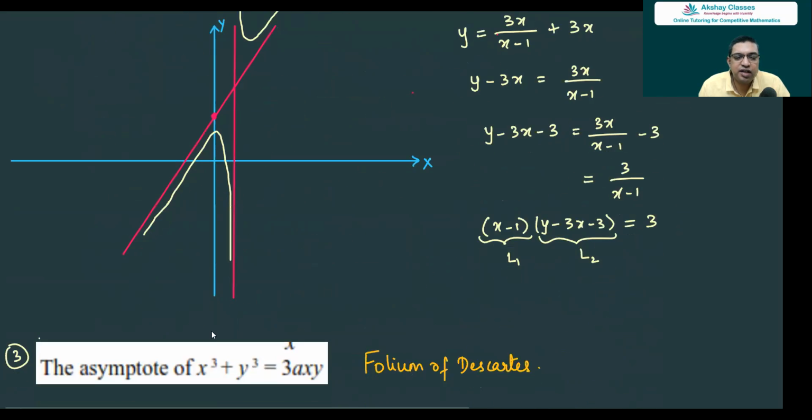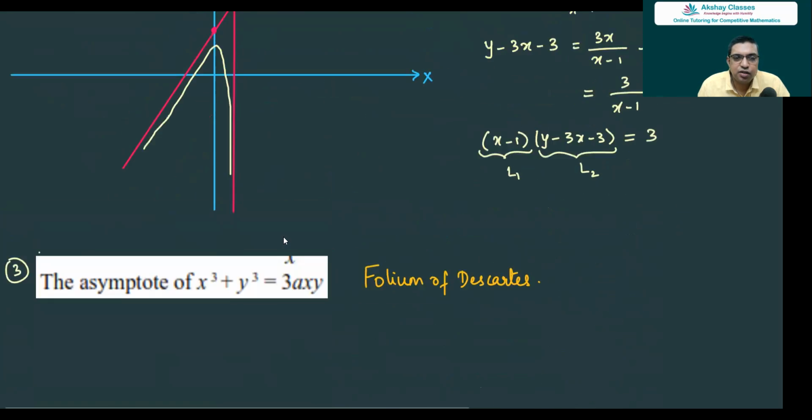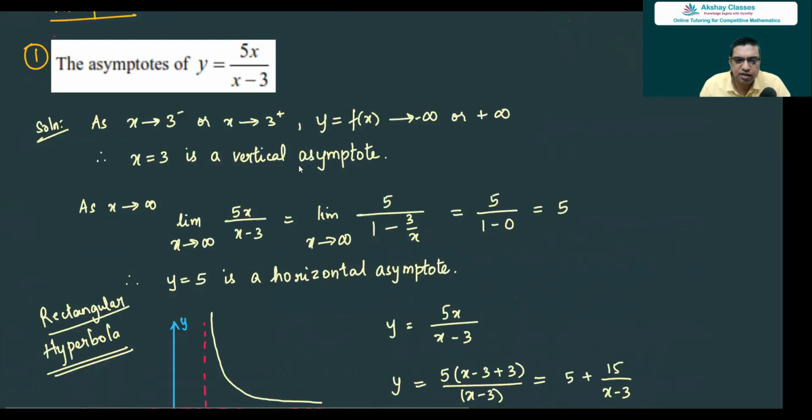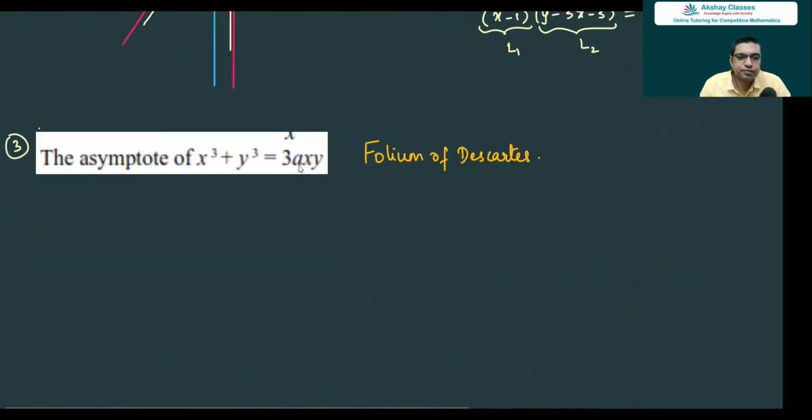F of x you cannot clearly write in terms of x. So we will have to use an alternative method. What is that? Equate the higher degree terms to 0 and then factorize. If one factor is y minus m1x, then the corresponding asymptote is y minus m1x is equal to c1.